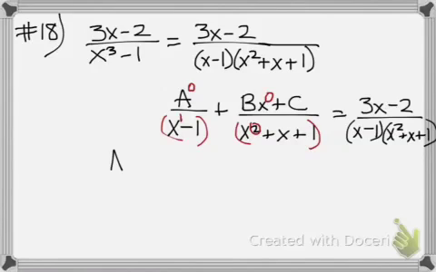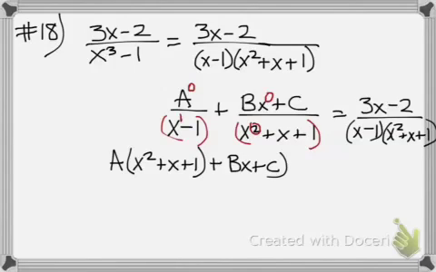What we're going to be left with is A times (x squared + x + 1), and then (Bx + C) is going to be multiplied by (x - 1), because the x squared plus x plus 1 is going to cancel out, and then everything cancels out on the other side of the equal sign, so we are left with 3x minus 2.